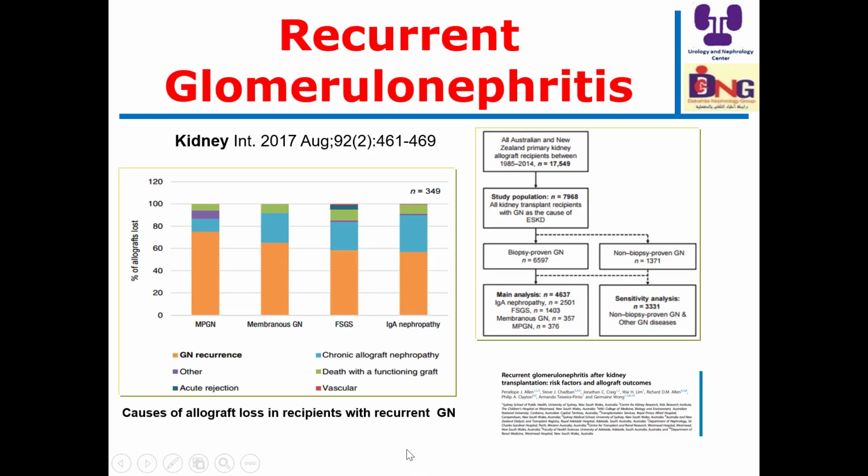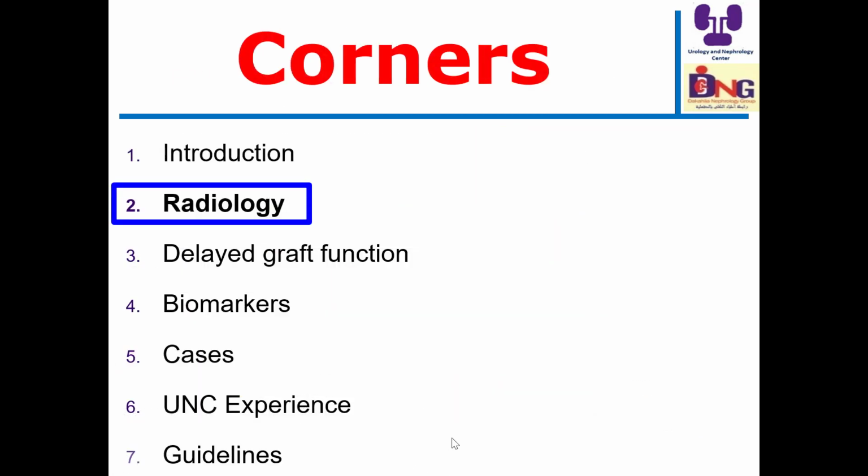Another study showing the recurrent glomerulopathy, although it is assuring because the percentage of recurrence is not so high, but the most important message is after recurrence, the recurrence is responsible for about 50% of graft loss. So still recurrence is bad news in transplantation because it is associated with graft loss.